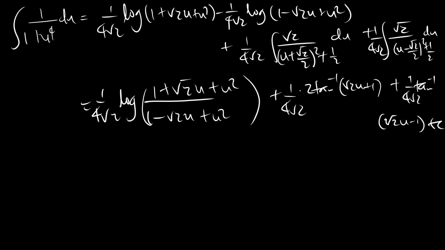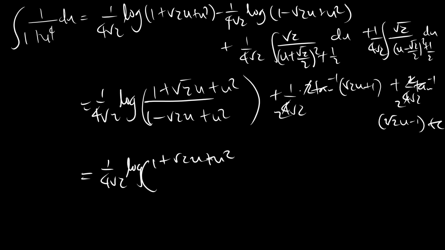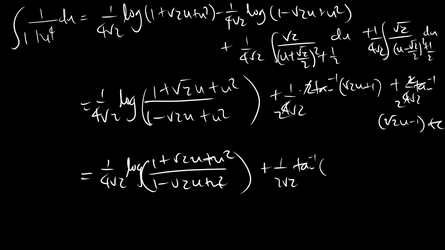So this was twice. So 2, and so 1 plus root 2u plus u squared over 1 minus root 2u plus u squared plus 1 over 2 root 2 arctangent of root 2u plus 1 plus arctangent of root 2u minus 1 plus c.